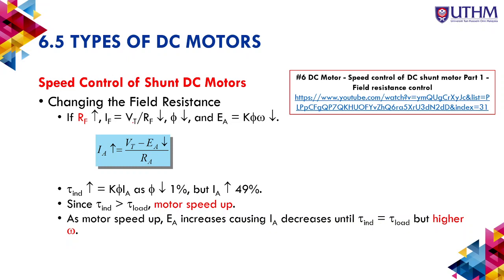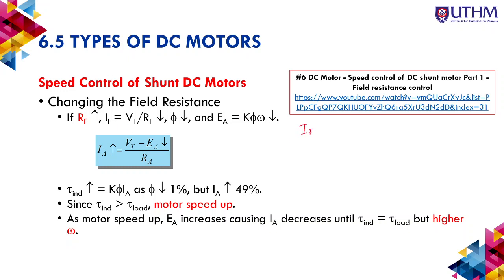Okay, so when RF reduces, EA reduces, and actually speed will be reduced. Let me start again.